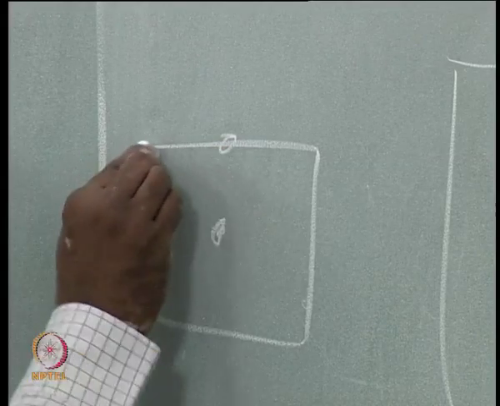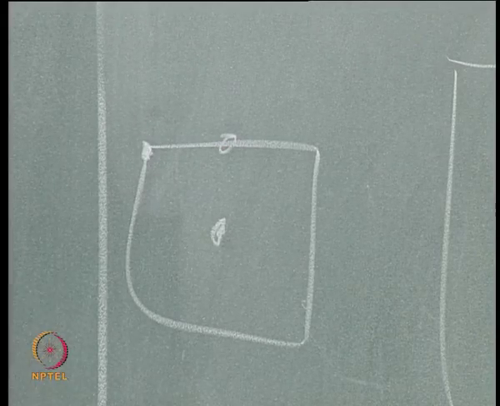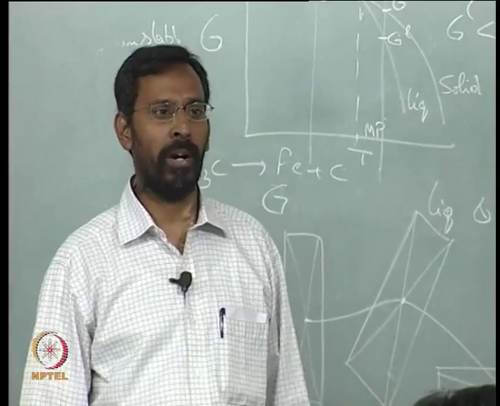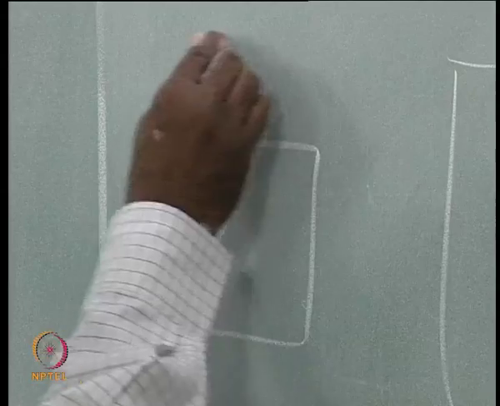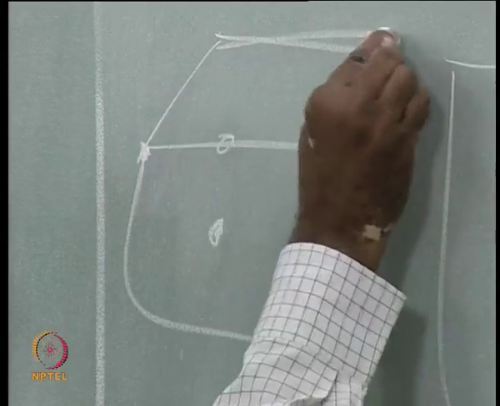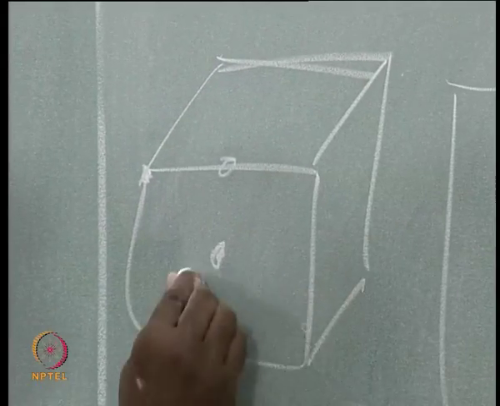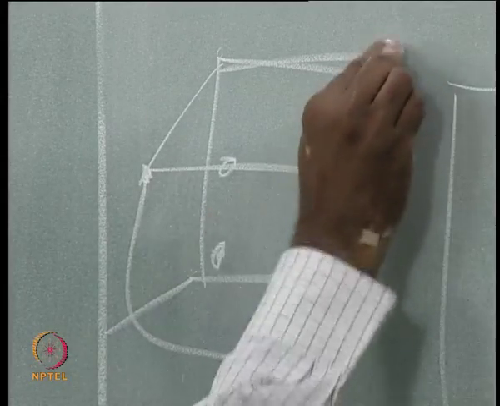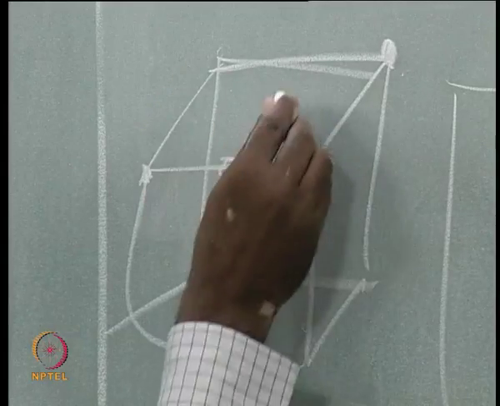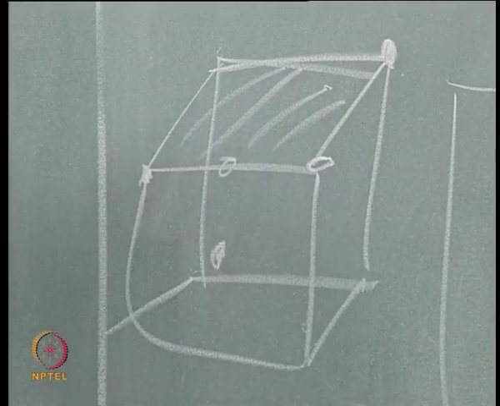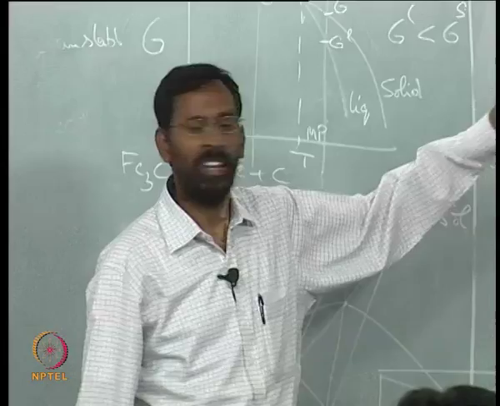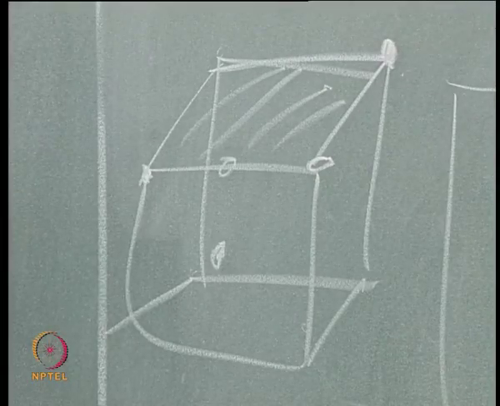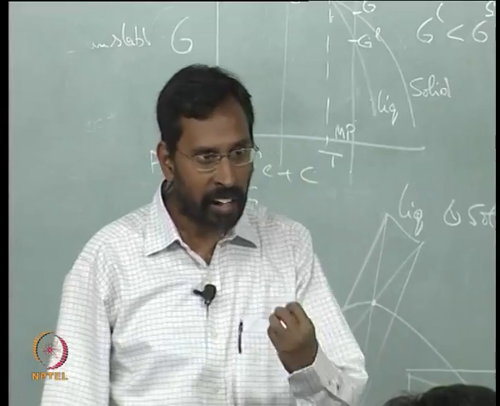So similarly, if I take this corner, it would have more number of broken bonds. And if I now think of a solid, and now consider these corners and these edges and this surface, you can easily see the corner would have more number of broken bonds, the edge would have next level, then the surface, then the atoms inside.